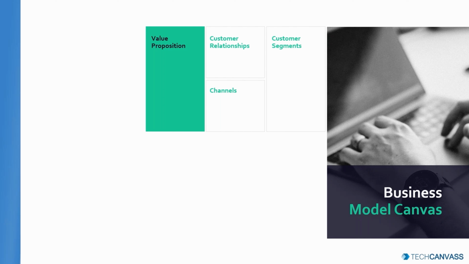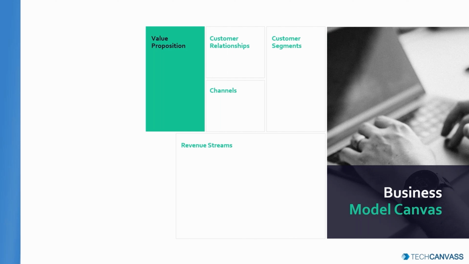Next is customer relationship. What kind of relationships is being maintained with the customers or the customer segments? For example, is the customer going to use a self-service portal for any assistance, or will he or she be provided personal assistance? The customer relationships are driven by one primary outcome. How does it help in retaining and acquiring more customers?